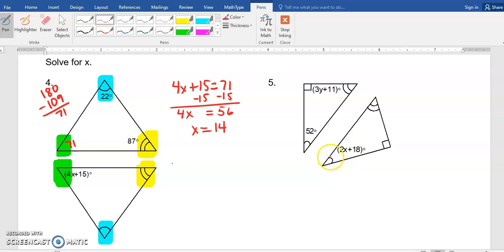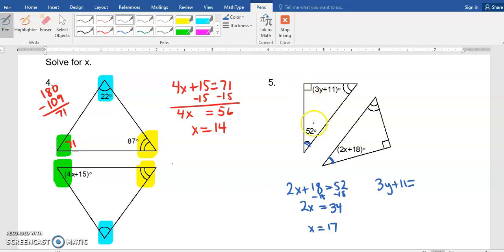Here on this next problem, this one is equal to this one. That one's pretty straightforward. 2x plus 18 is equal to 52. When I subtract 18, it's going to be 34, divided by 2, 17. But what do we set 3y plus 11 equal to? You can use that corollary.